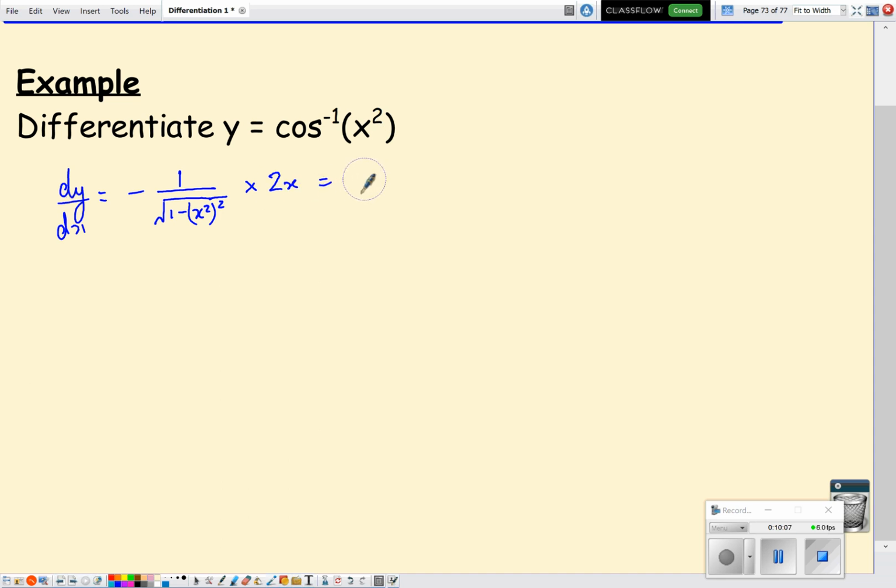So tidying this up, there's two parts we need to look at, tidying up the squaring and then combining the multiplication, so we get negative 2x over root 1 take away x to the power of 4. Happy days.